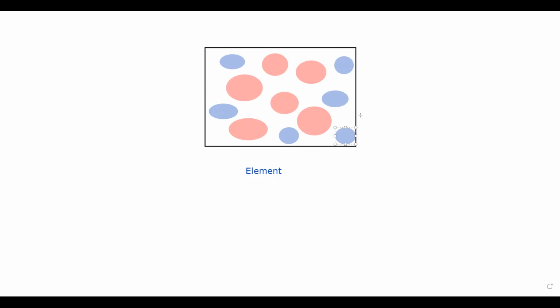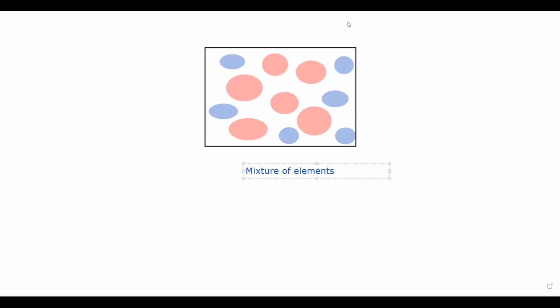When two different types mix together, this is a mixture of elements, because two different types of elements are together. That's why it's a mixture of elements.